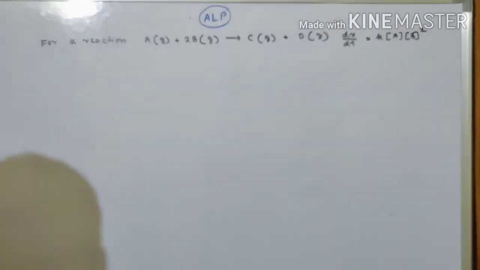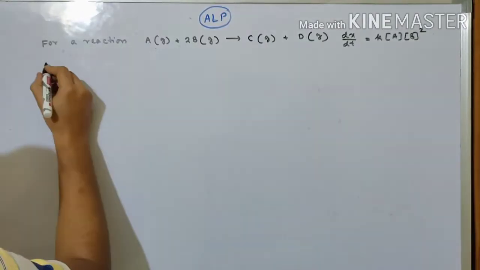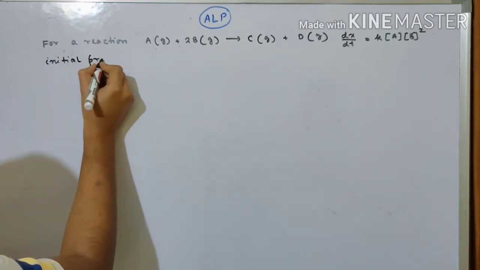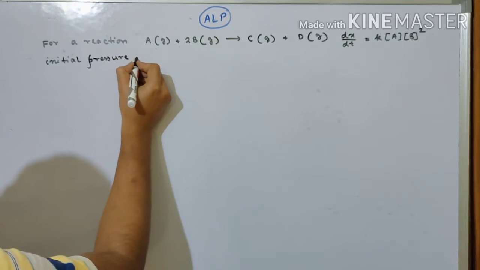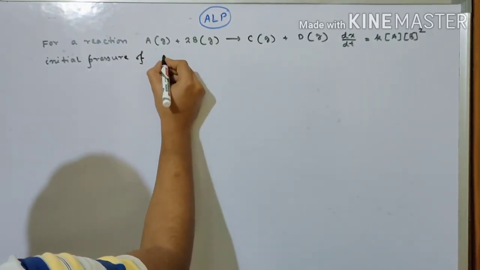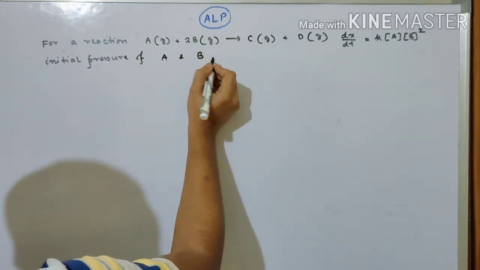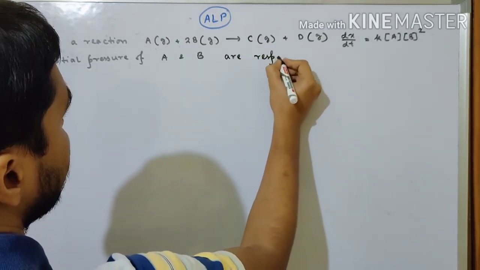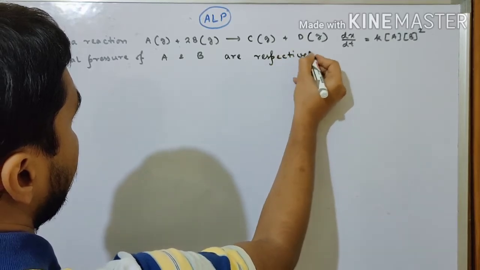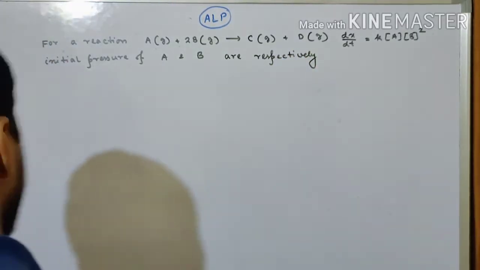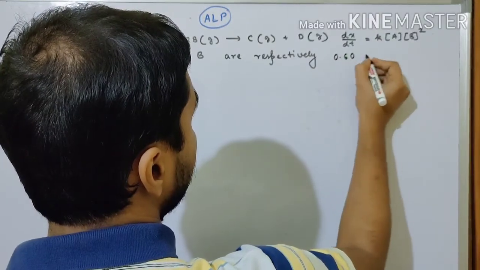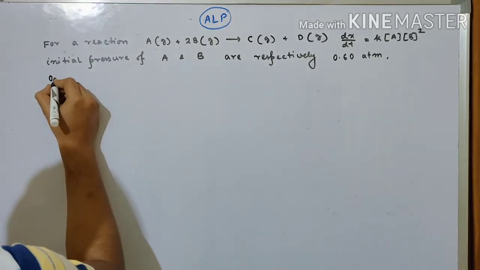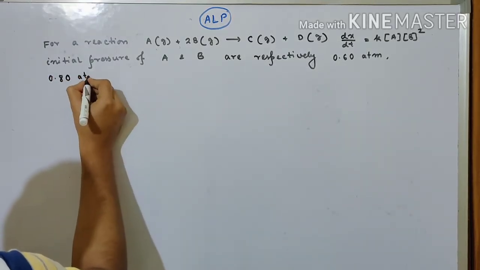That is given. It is also given that initial pressure of A and B are respectively 0.60 atm and 0.80 atmospheric pressure.